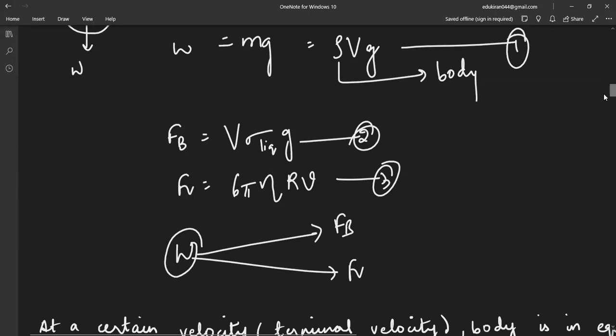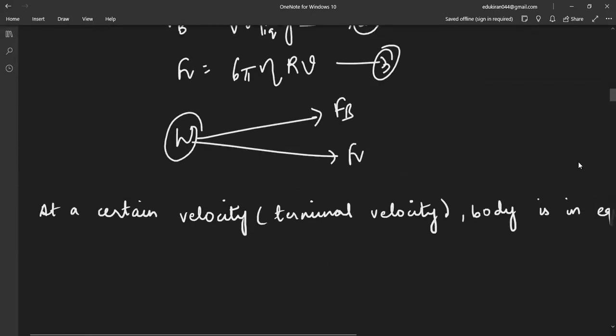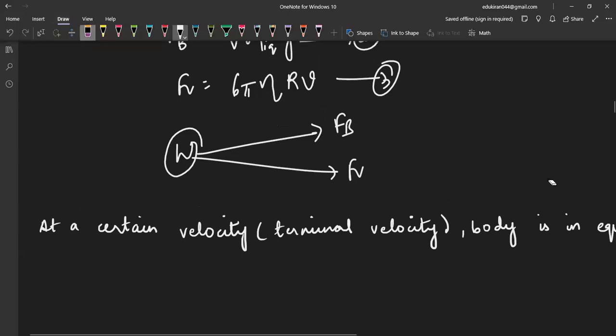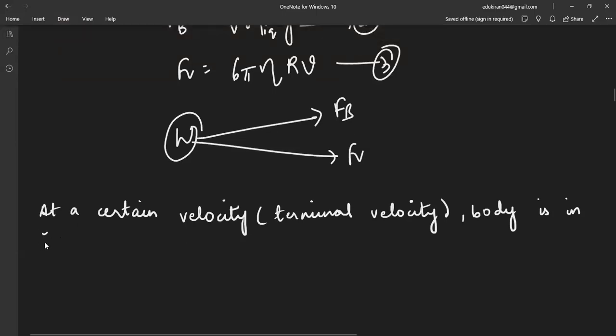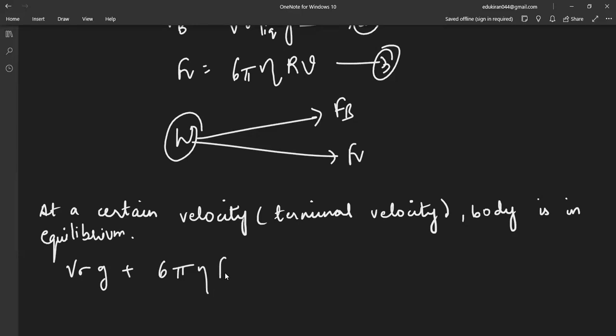So at a certain velocity, which is the terminal velocity, the body is in equilibrium. So put in all the values, 1, 2, 3: V sigma g plus 6 pi eta r v will be equal to V rho g.